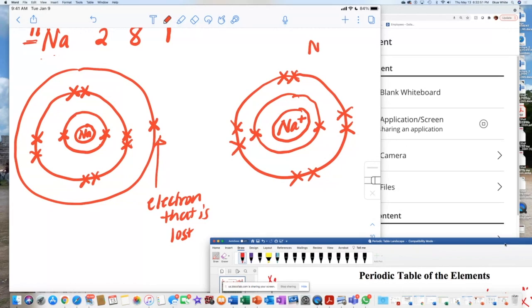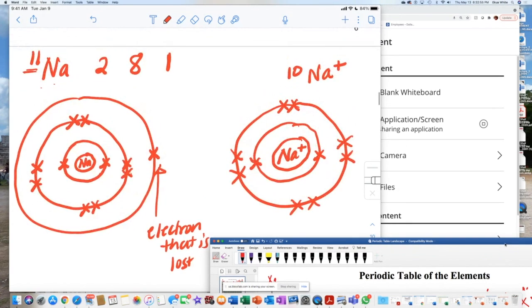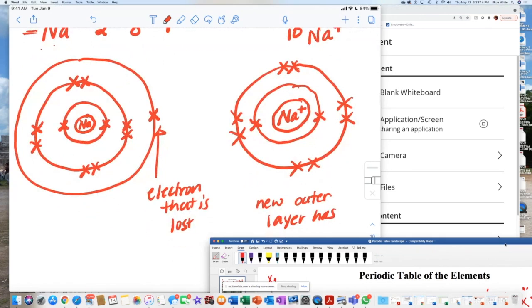This is now what sodium ion with 10 electrons looks like. It's a lot smaller because the whole outer layer got lost. The energy level got lost, and so did the electron. Well, do you see how the new outer layer has 8 electrons?